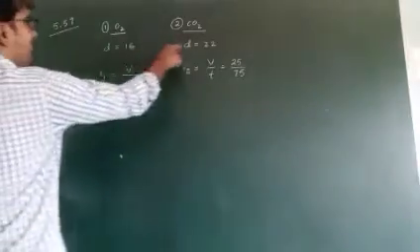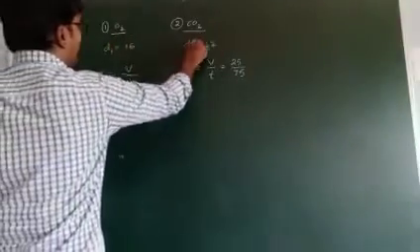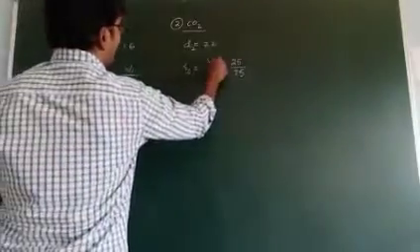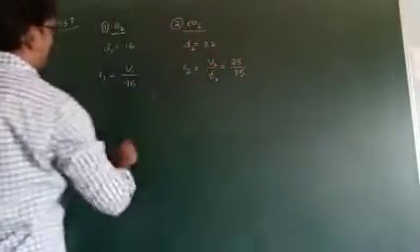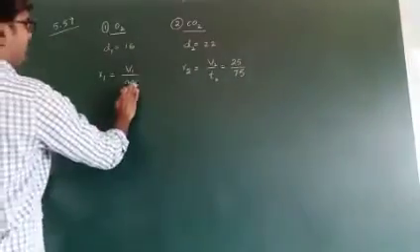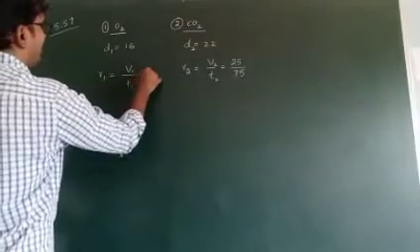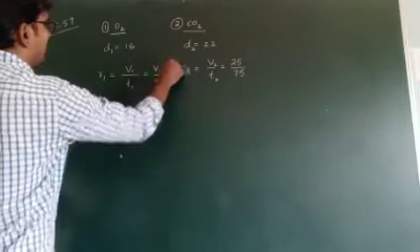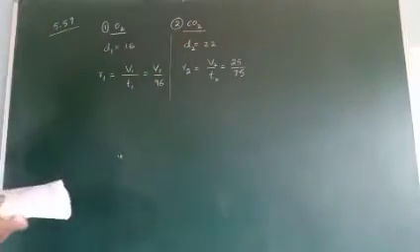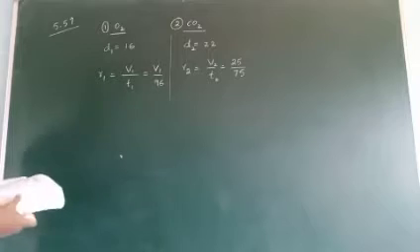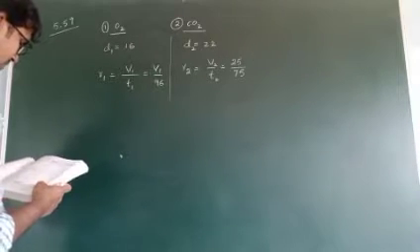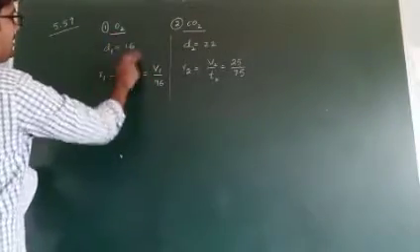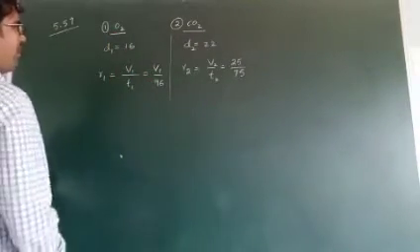Densities are given: D1, D2, R1, R2. Here V1, T1 and V2, T2. Write like this: V1 by T1 is equal to V1 by 96. Now calculate the volume of the oxygen gas. What is the formula?